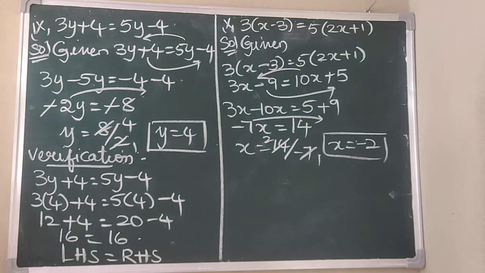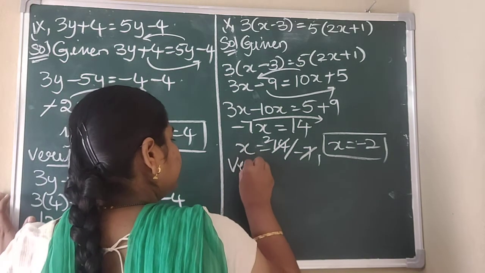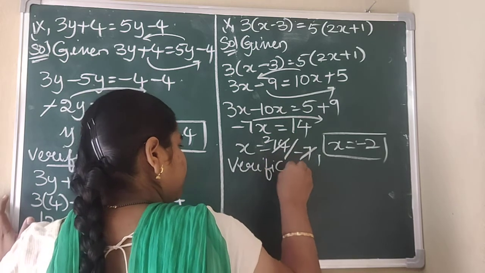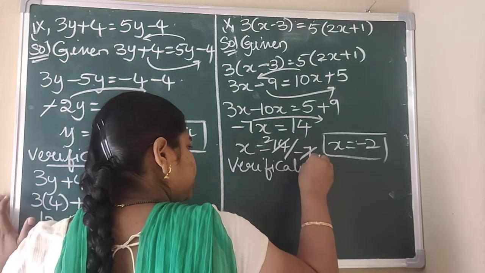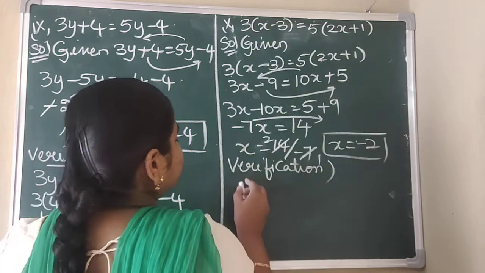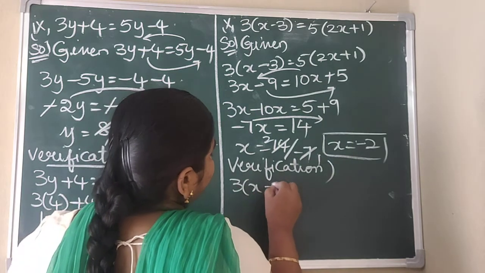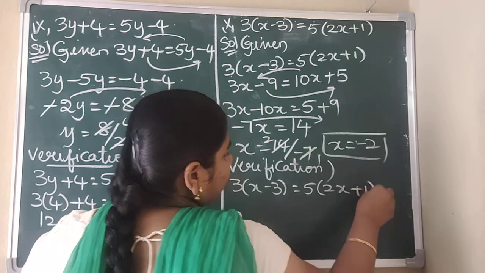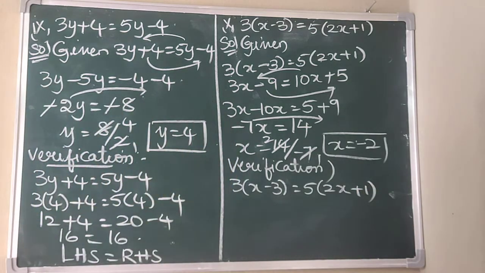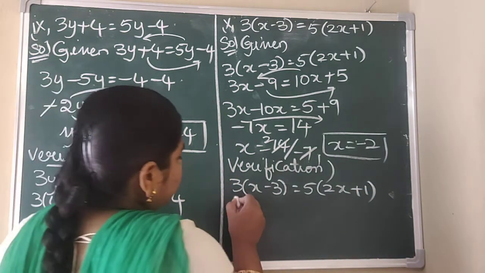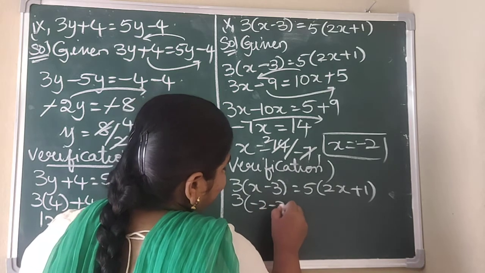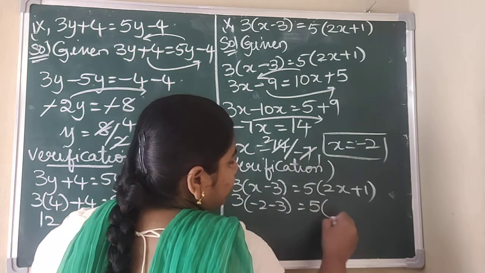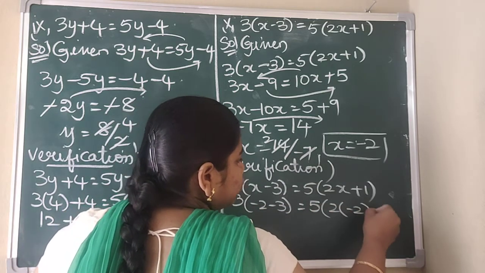Now we have to do the verification part. So 3 into x minus 3 is equal to 5 into 2x plus 1. In place of x we have to substitute minus 2. So 3 into minus 2 minus 3 is equal to 5 into 2 into minus 2 plus 1.